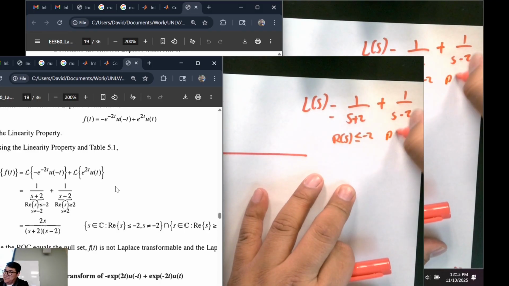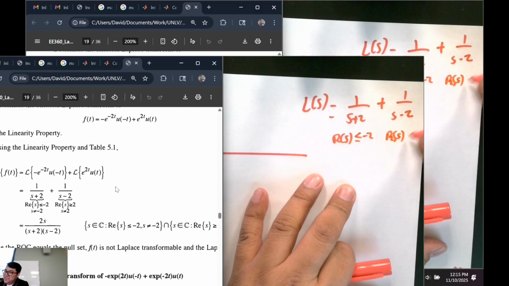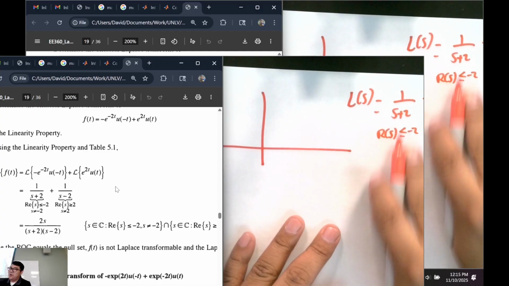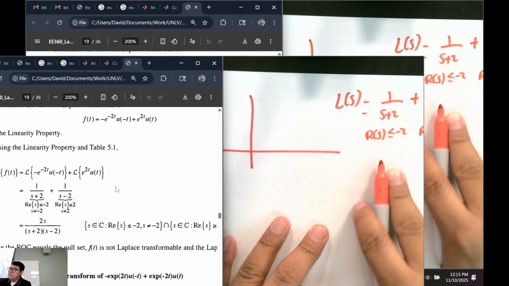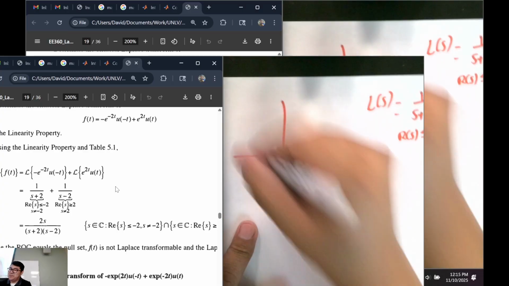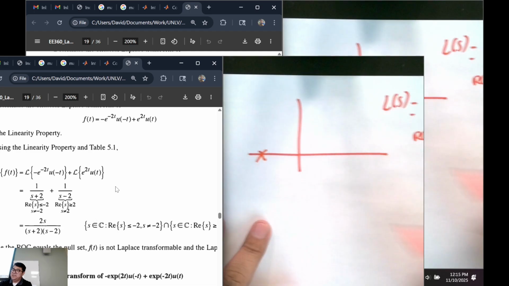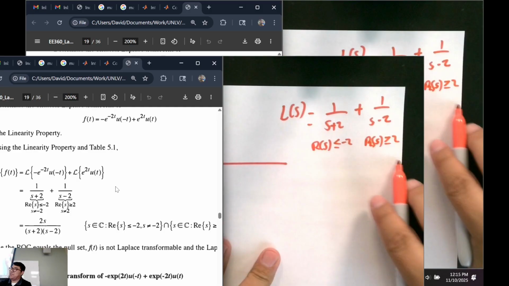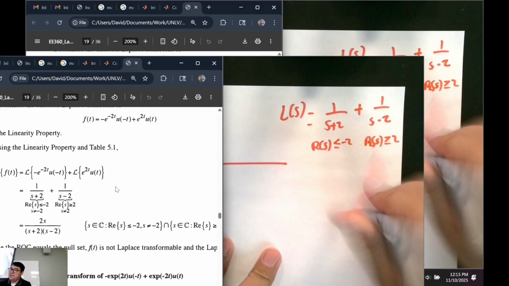And this one is real part of s greater than or equal to 2, right? So this is only going to exist from -2 to -infinity, correct? I'm going to draw this pole right there, okay? And this one's only going to exist from +2 to infinity, right?